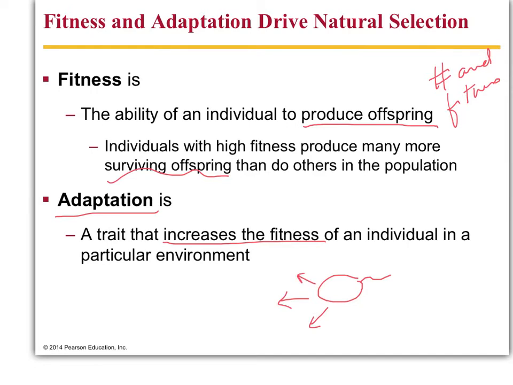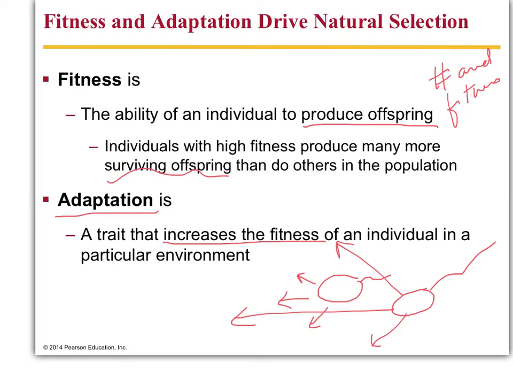But if you had an adaptation that changed that sperm into a sperm that had a super long flagella, and now those sperm could swim much better, that might actually increase the fitness of an individual.